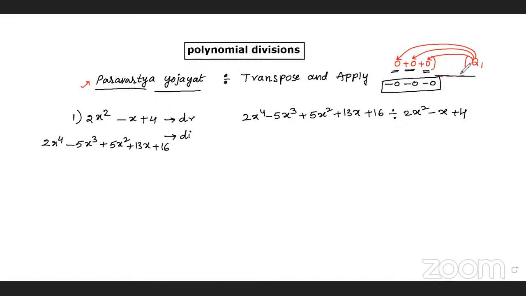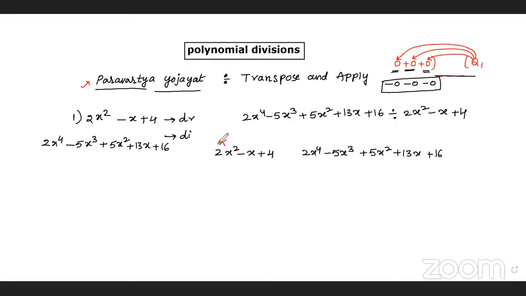So let me change it first of all. 2x square minus x plus 4 and 2x power 4 minus 5x cube plus 5x square plus 13x plus 16. Observe very carefully. I am changing the signs of the remaining terms except the highest power degree. Why?